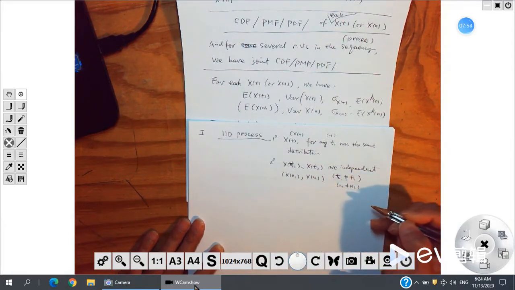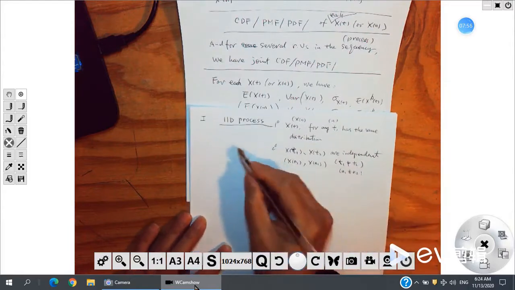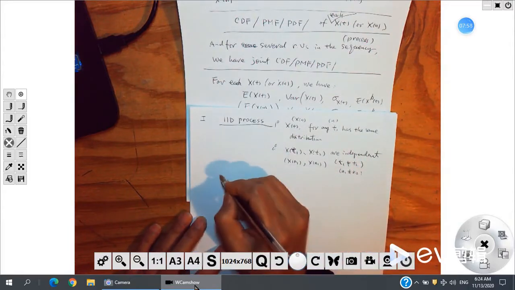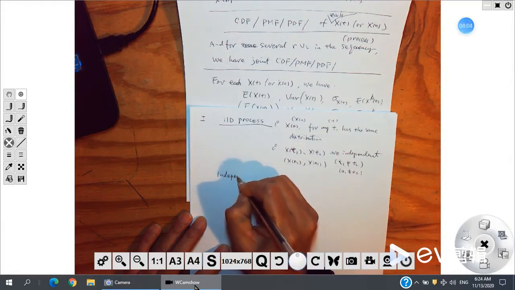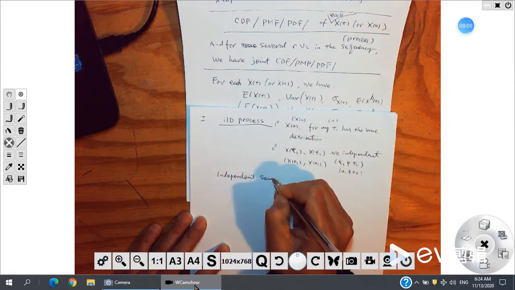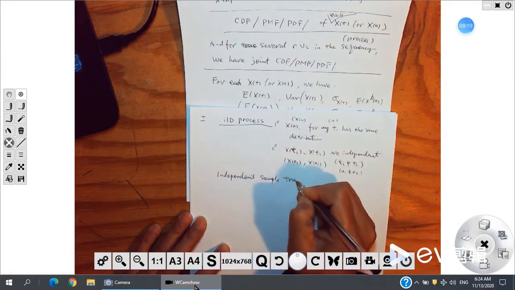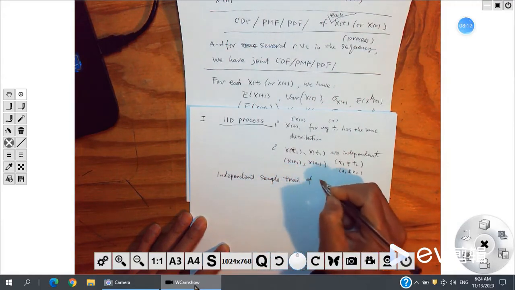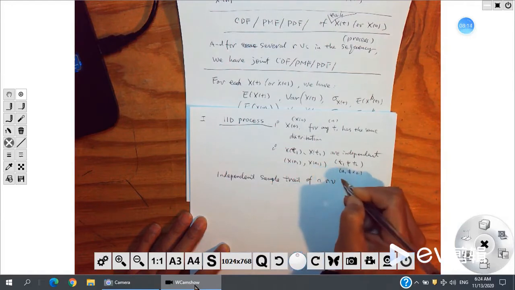The IID. Actually, we know this, right? We call this by a different name. We call this an independent ensemble trial of random variable x, right?